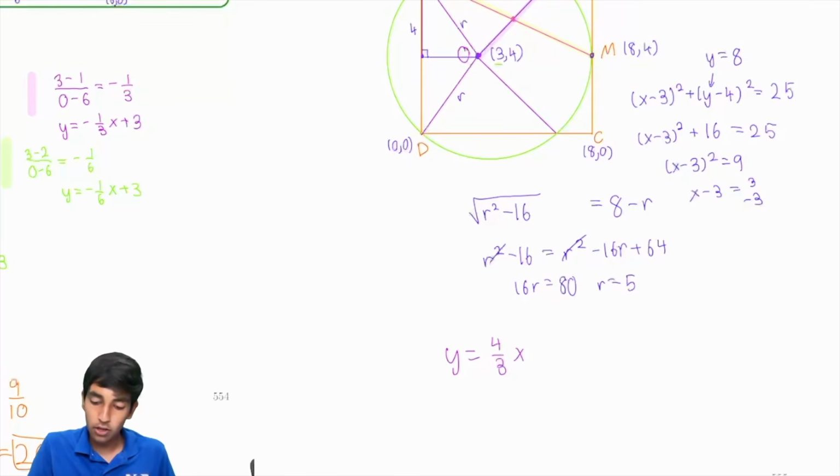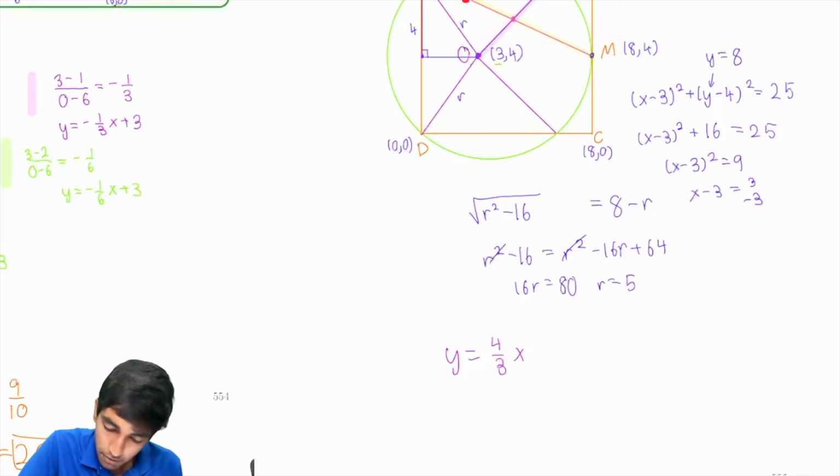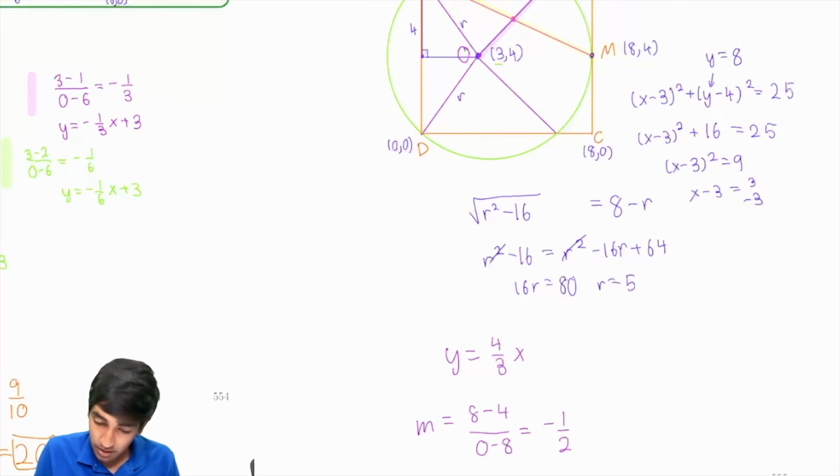So the slope is 4/3, and 4/3 times 3 is 4, so plus 0. Okay, now what about this orange line? Well, this is also pretty simple. The slope is 8 minus 4 over 0 minus 8, which is minus 1 half. And then it's just going to be y equals minus 1 half x plus 8.